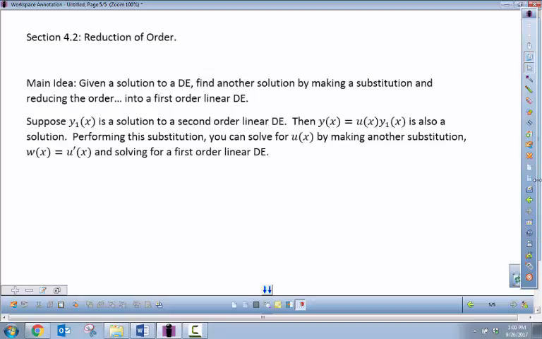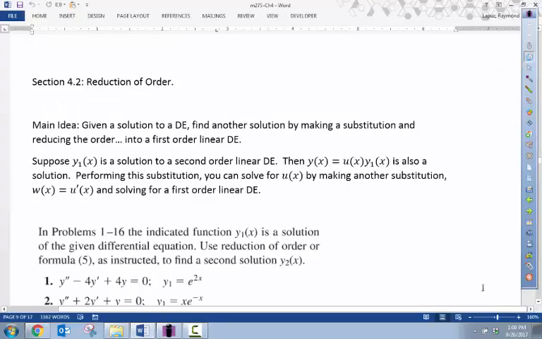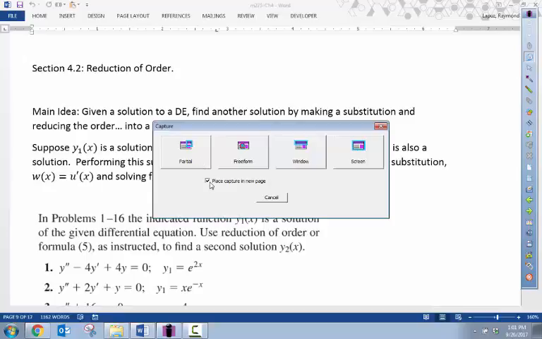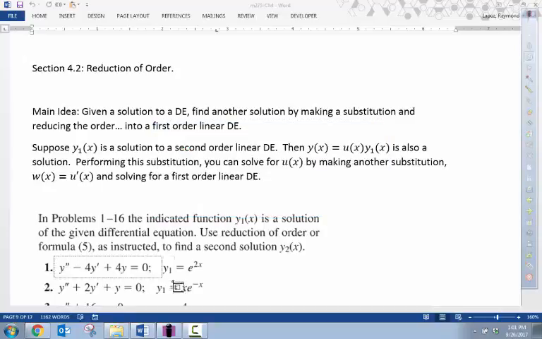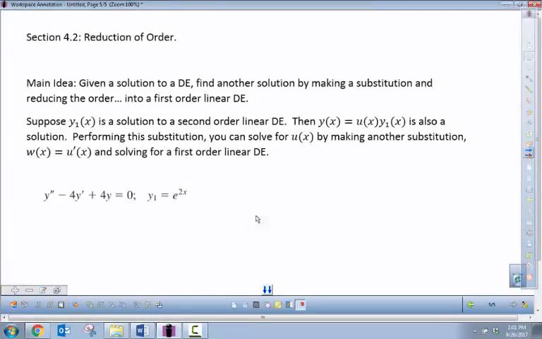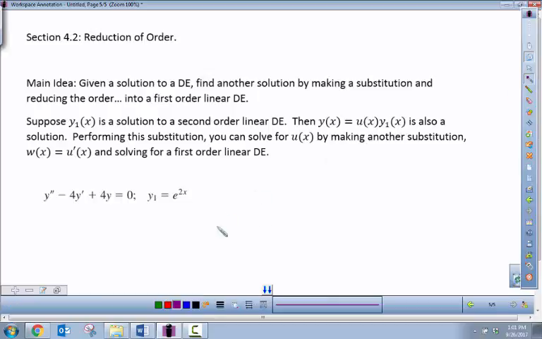Let's do an example. Maybe we should start with number 1. So, looking ahead, let's take some notes here.